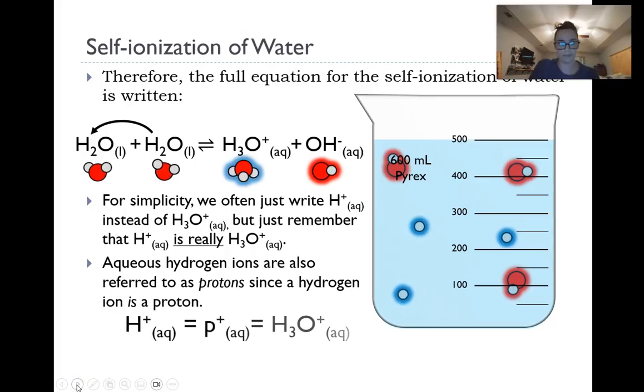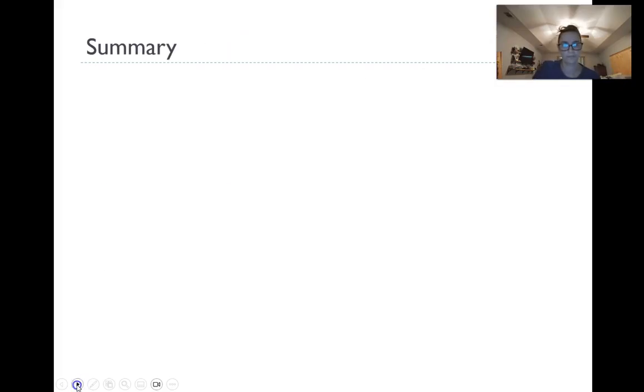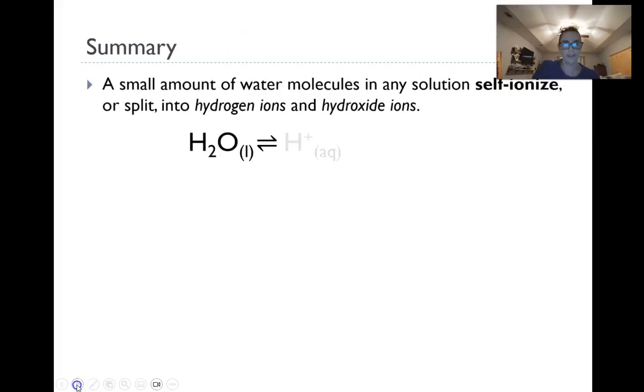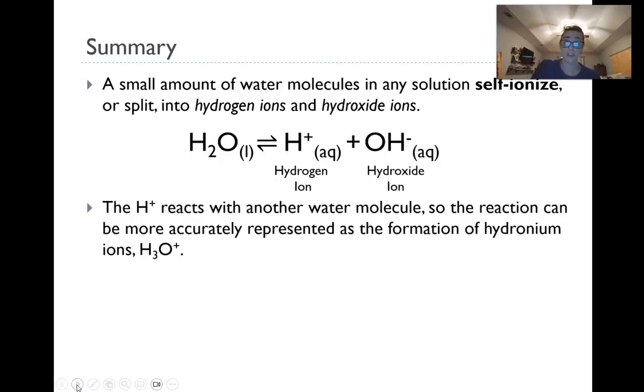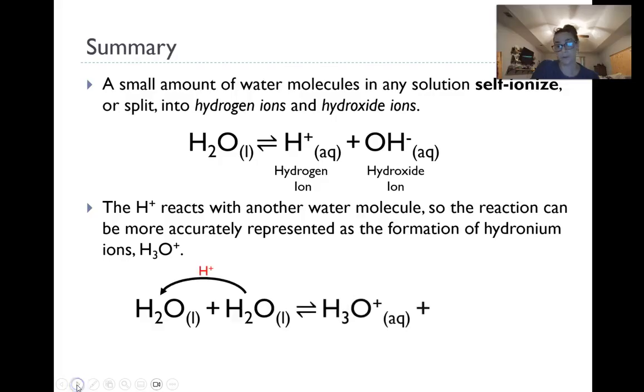It has lost its electron. So in summary, a small amount of water molecules in any solution self-ionize, split into hydrogen and hydroxide ions, and then that hydrogen ion reacts with another water molecule to form hydronium, so it's more accurately represented as hydronium.